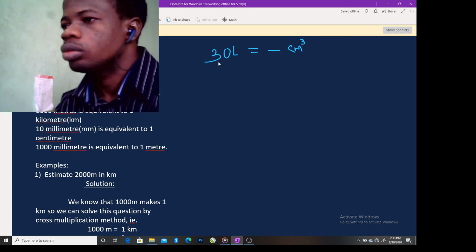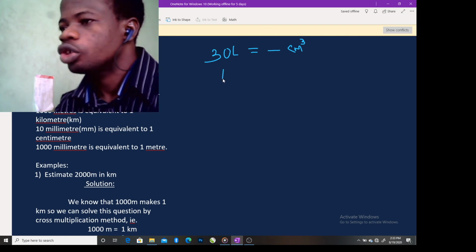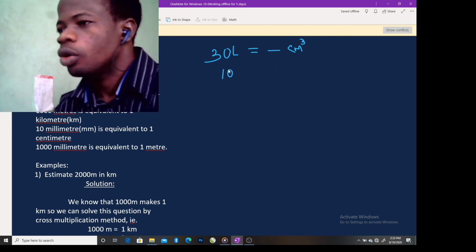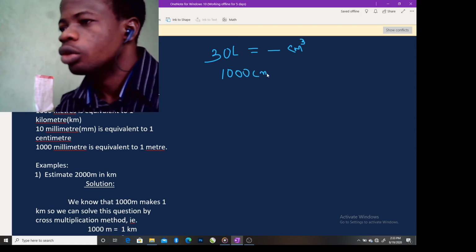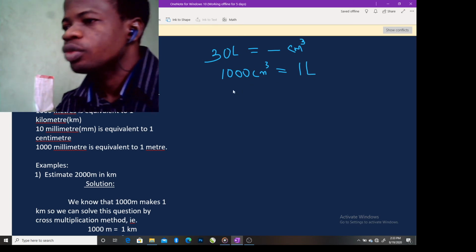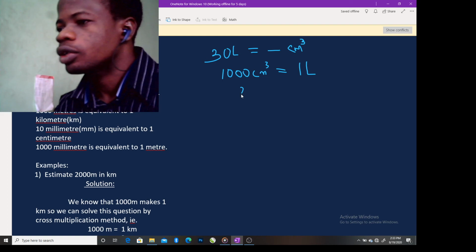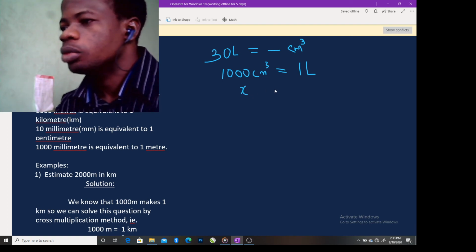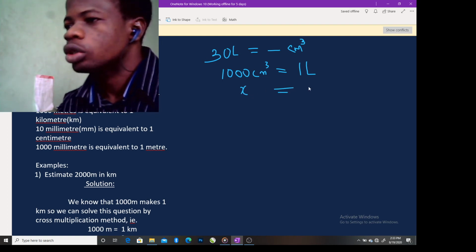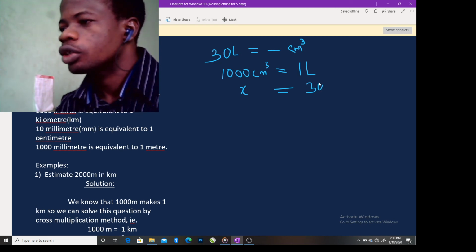So what do you do? You first write the relationship between liters and centimeter cube. Since 1,000 cm cube, that is centimeter cube, is equal to 1 liter. Then how many centimeter cube, say x centimeter cube, is equal to 30 liters? Now you cross multiply.